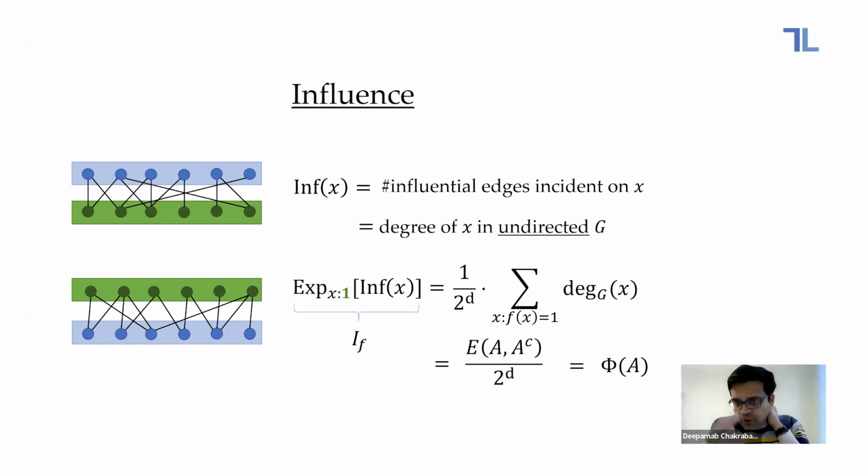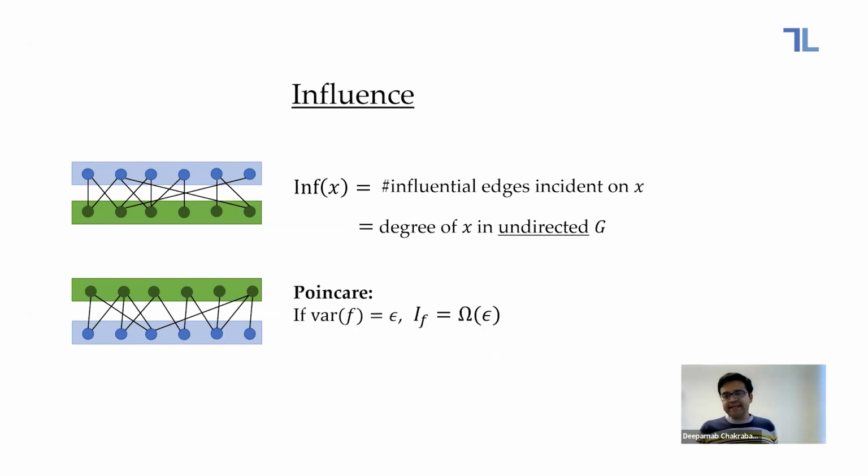The only catch, and you can forget about it for the talk, is that I am defining influence to be the degree for the green things, for the ones, and 0 for the others, so as not to overcount in some sense. So what Poincare can be restated as is, if the variance of a function is epsilon, the function is balanced, then this average sensitivity is also a constant. So that's a restating of that.